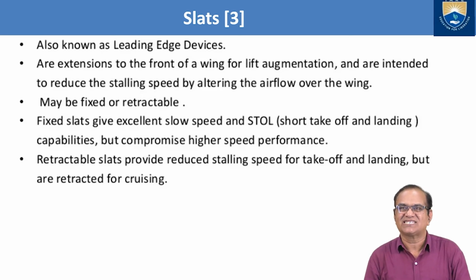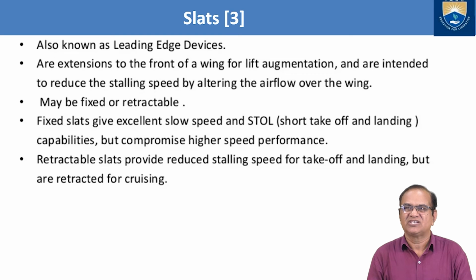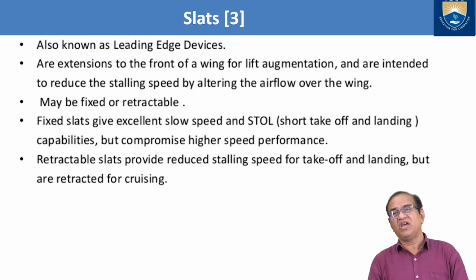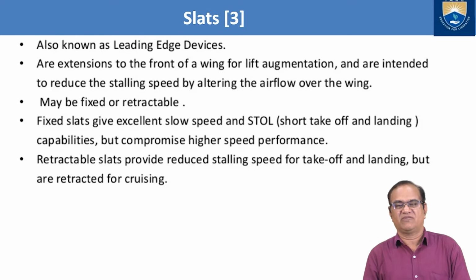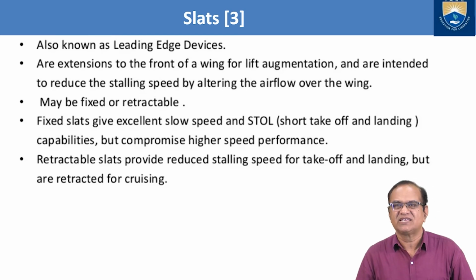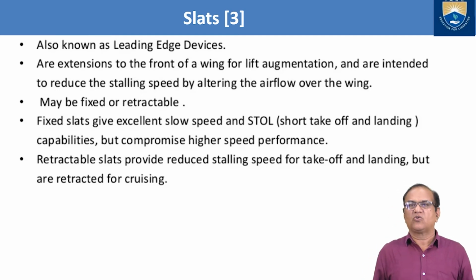Fixed slats give excellent slow speed and short takeoff and landing capabilities to the aircraft, but compromise higher speed performance. So if you want high speed, it will reduce the performance of the aircraft. Retractable slats provide reduced stalling speed for takeoff and landing, but are retracted for cruising speed.